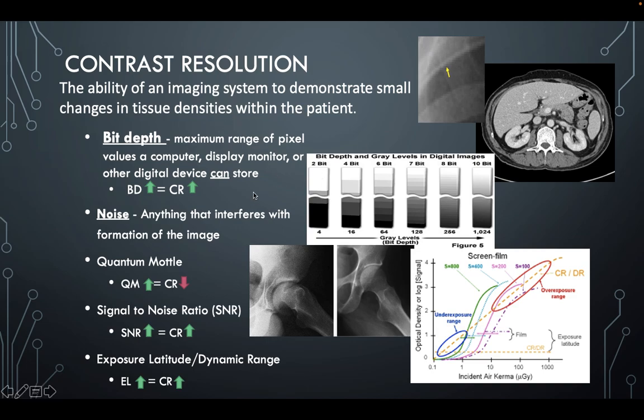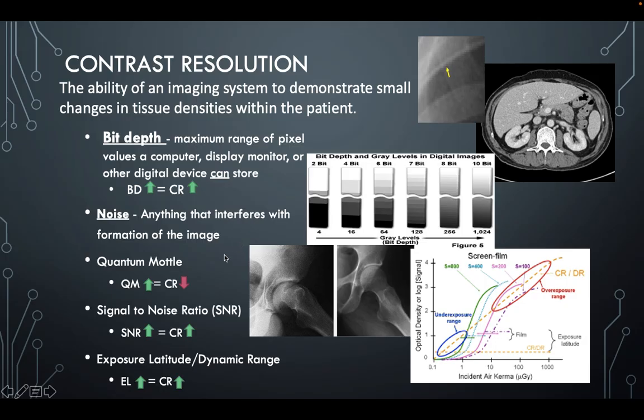Versus if I take an X-ray of a femur, I'm not going to see as many shades of gray. I might see something more like this in a femur X-ray, whereas in a chest X-ray I'm going to see something like this. But even with my femur X-ray, I have this availability. I'm just not using it because that's not what the part is showing me.